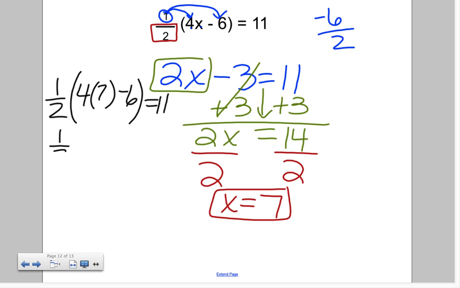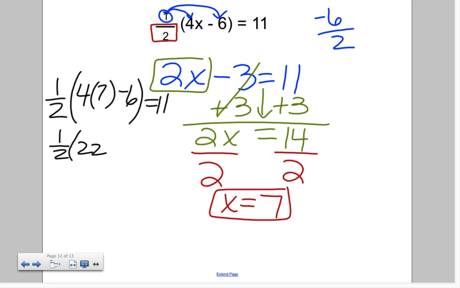All right, now, here we go. Remember how we had on the last slide, we just left that negative out here? Just leave this 1/2. Don't worry about 1/2 right now. Let's just focus on the inside. Just keep bringing it down. What's 4 times 7? Subtract 6 in your head. What do you got? 22.